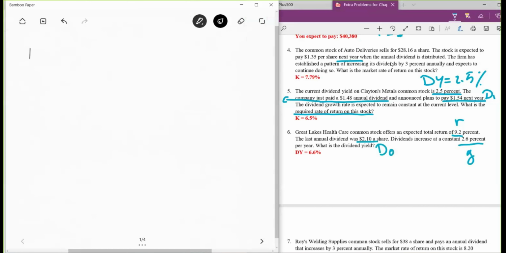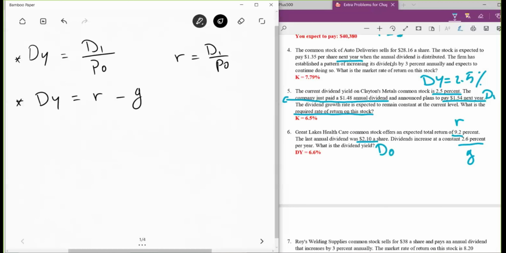Now, there are two formulas to find the dividend yield. The first formula is D1 divided by P0. However, in this problem, I do not have the price. I do not have D1, although I can easily compute D1. The second formula to compute the dividend yield is that the dividend yield is equal to R minus the growth rate, because remember, R equals D1 divided by P0, which is the dividend yield, plus the growth rate.